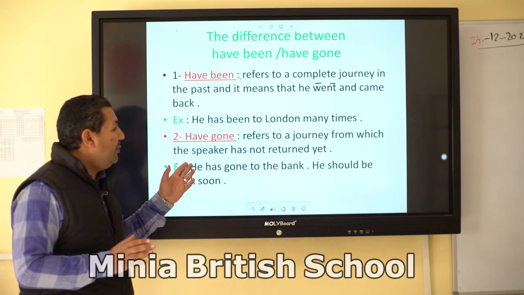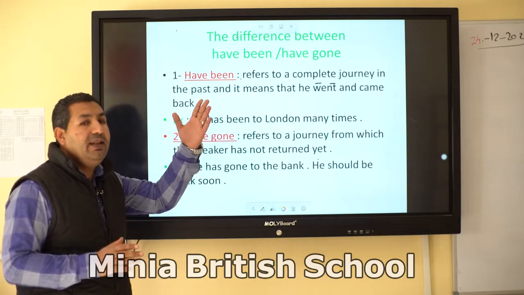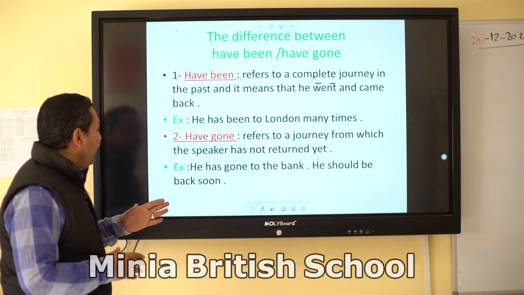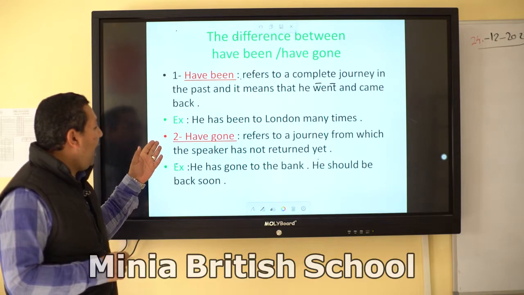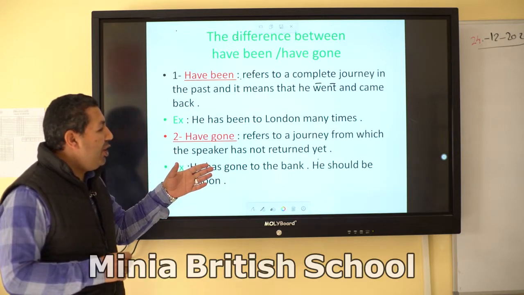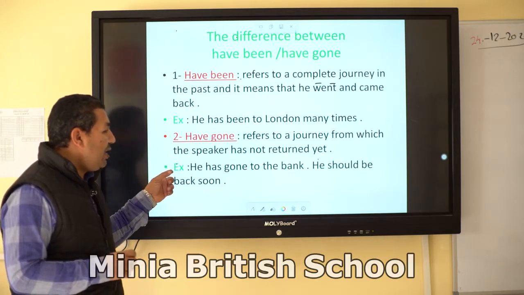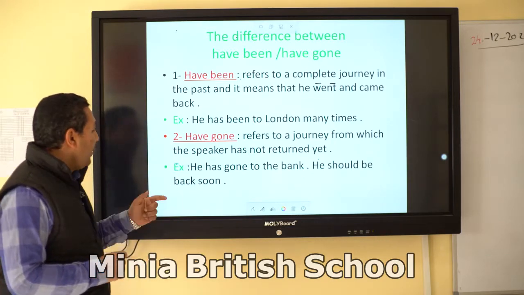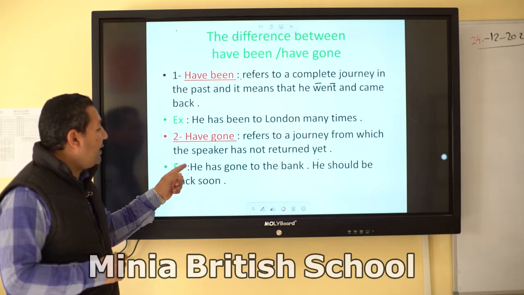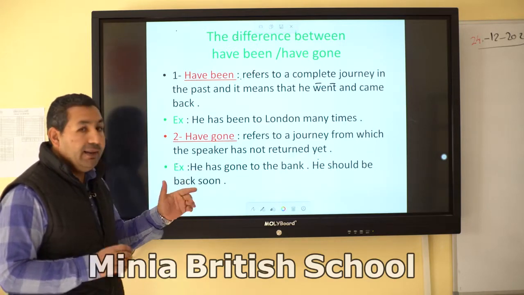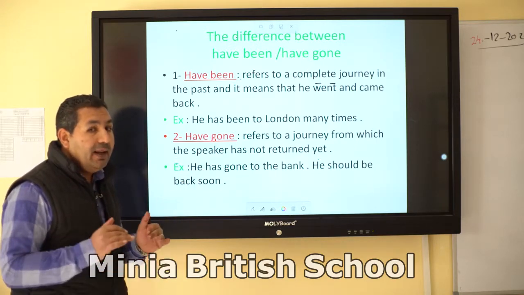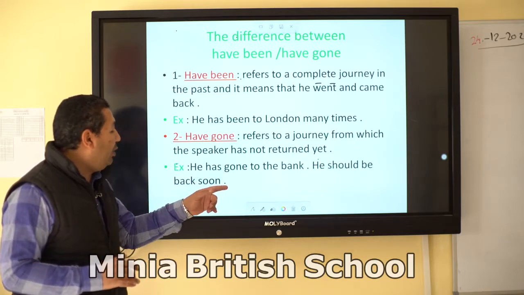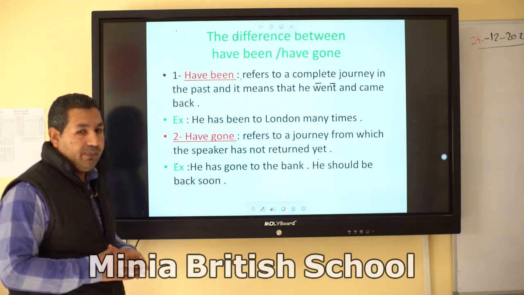No. He has been means he has gone to London, then he came back here. Number 2, have gone refers to a journey from which the speaker has not returned yet. For example, he has gone to the bank and until now he hasn't come back. He should be back soon.